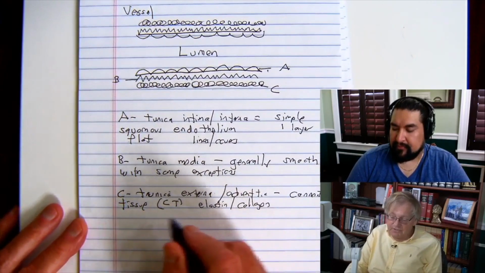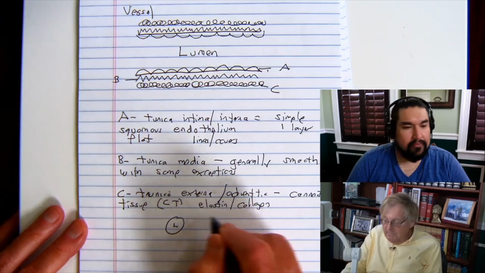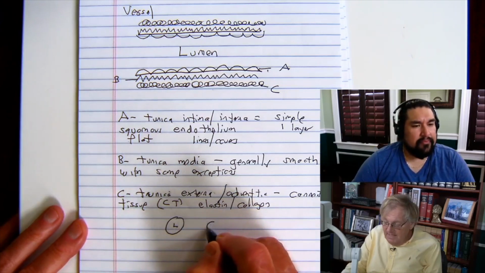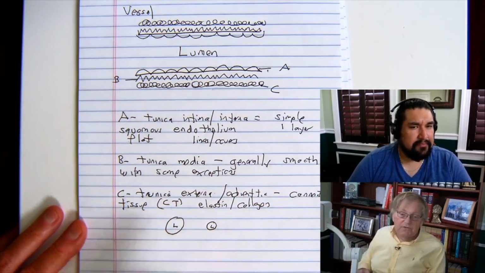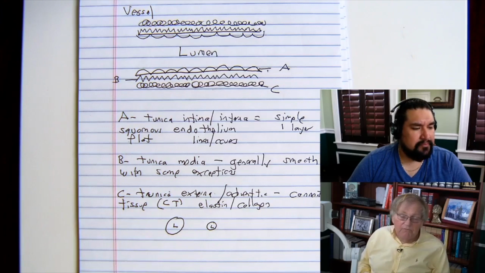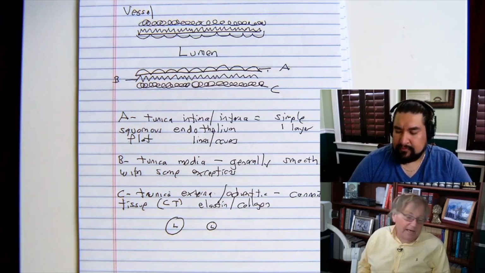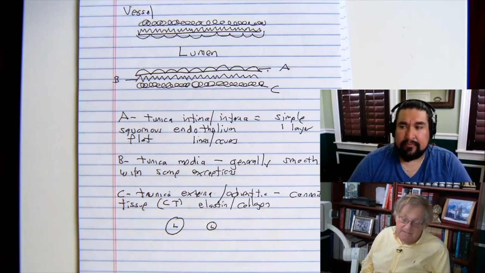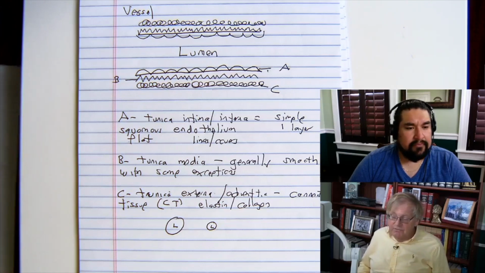So you can imagine that if I have a blood vessel that looks like this, and that's the L, or lumen, and I have a blood vessel that looks like this now, and that's the lumen, this vessel has vasoconstricted. And it probably won't function as it used to function because I've got hardened arteries. I may have developed high cholesterol levels or plaque inside of my vessels. So that's kind of the big picture of that.